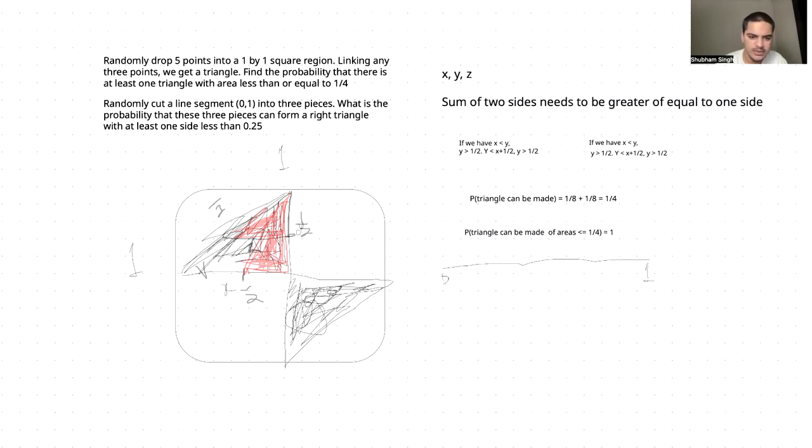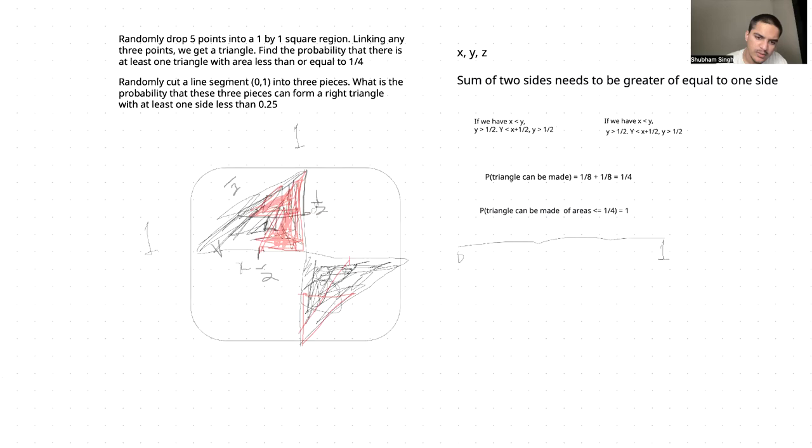Similarly for this, we have 1 by 4, 1 by 4, and something like this, something like this, right?